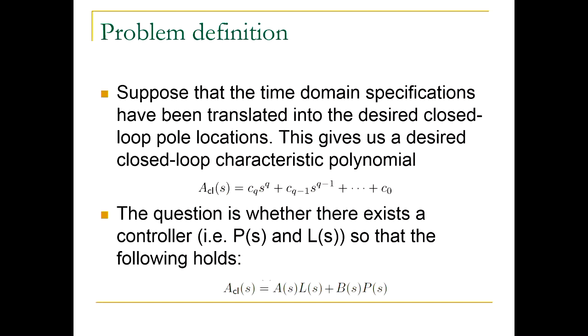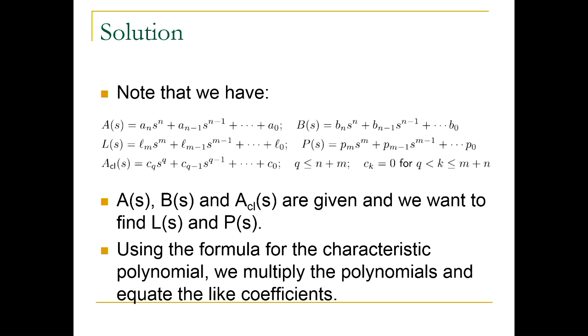As I said, we assume that your time domain specifications were translated into a specific desired closed-loop polynomial, and we want to just design L and P, knowing ACL, A, and B. So what we can do is expand these polynomials. Why am I doing that?